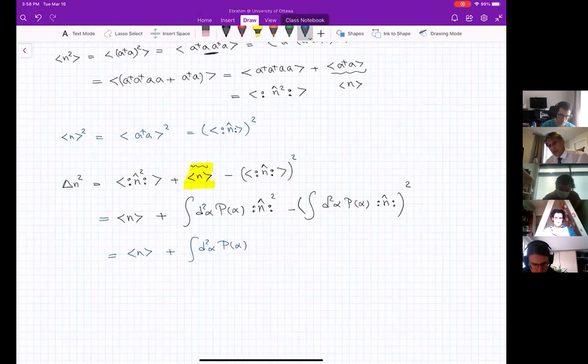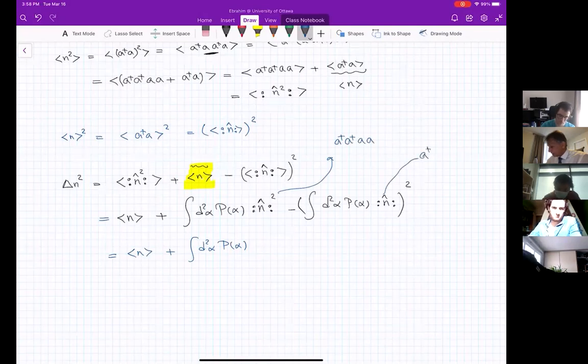Do you remember when we had the normal order for n squared, which means this is essentially a dagger a, and that one is essentially a dagger a? Do you remember that when we wrote it in this representation, the trace will be over them? So what we have to do is just substitute a dagger with alpha star and a with alpha.